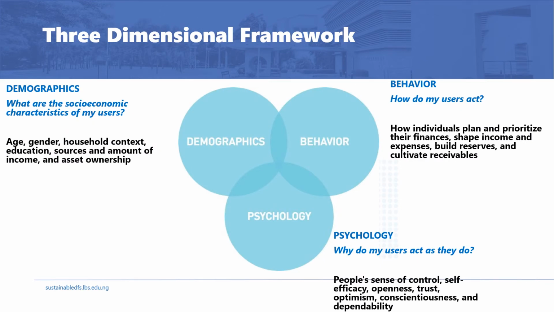The human account takes a bottom-up approach to segmentation. Traditionally, FSPs have categorized groups by basic demographic variables and top-down approaches. To identify the human account segments, the team used numerous data analytic techniques to identify clusters with similar demographic, behavioral, and psychometric characteristics. These clusters combine the socioeconomic characteristics of consumers with how they act and why they act that way.